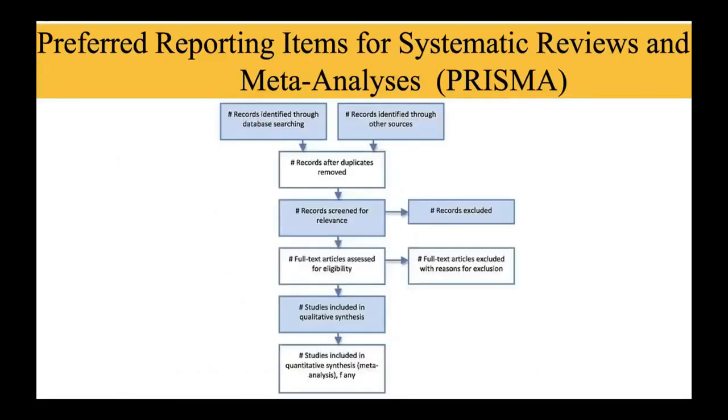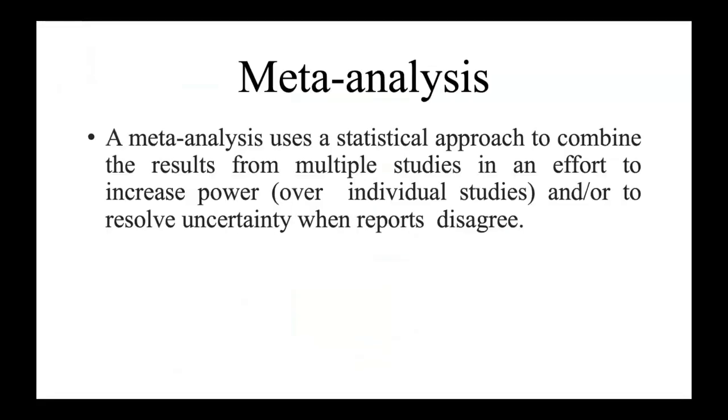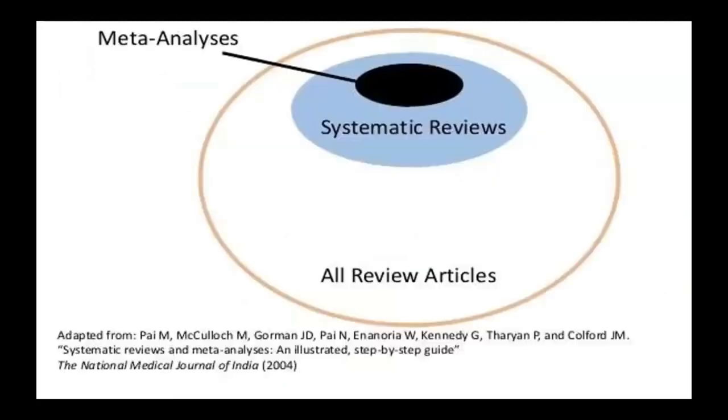Preferred Reporting Items for Systematic Reviews and Meta-Analyses. So this is the table showing how you will collect it and how you will record it, a recording and calculation of this method. It is very cumbersome, this type of research. Meta-analysis, as I told you, the difference is in the calculations.